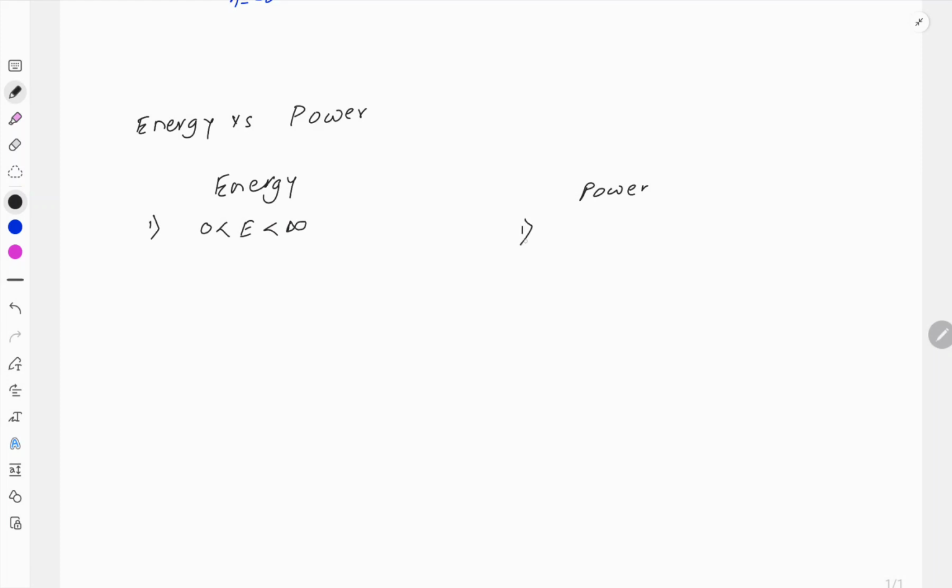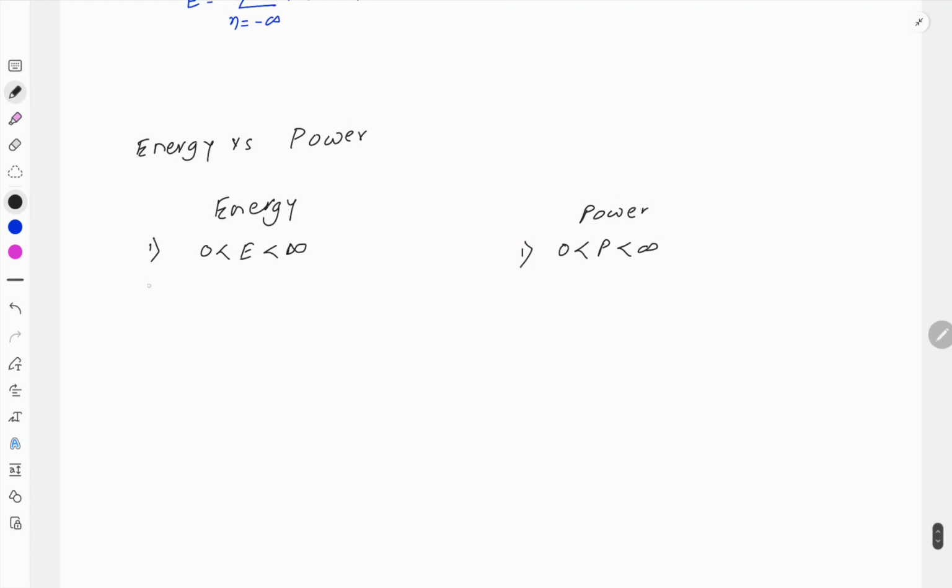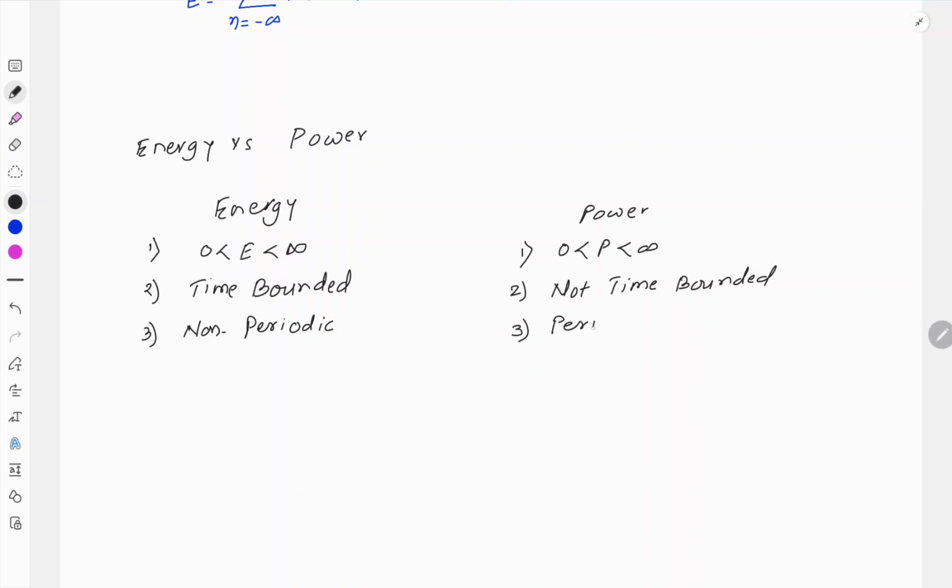Same way, power signals have finite power, so it is denoted as P greater than 0, less than infinity. Second, energy signals are time bounded. Power signals are not time bounded. Then third, energy signals are non-periodic, whereas power signals are periodic.